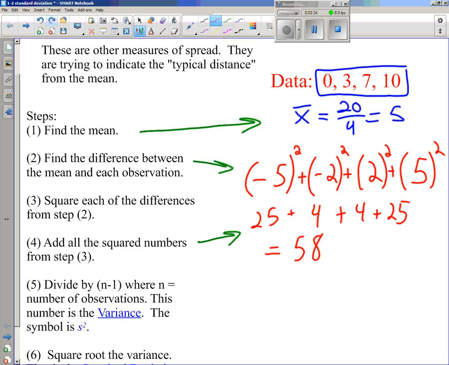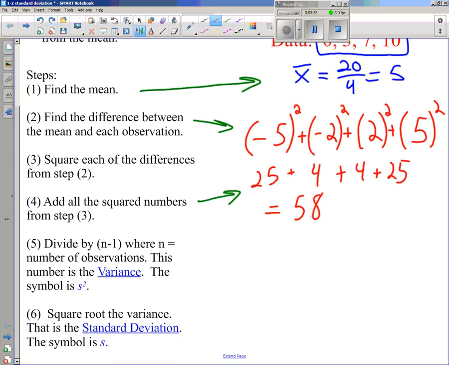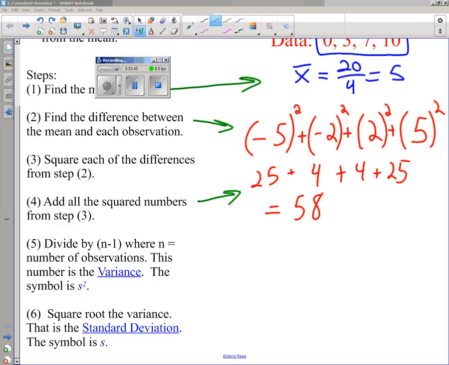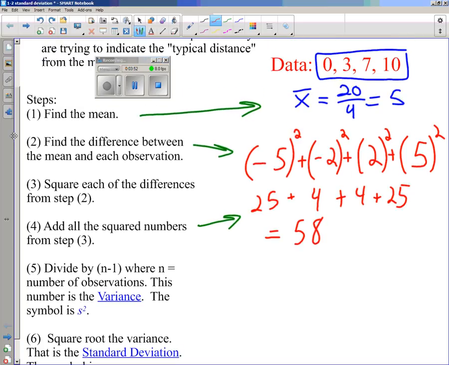Then you divide by n minus 1, where n is the number of observations. It's actually a little complicated. We'll talk about it later, much later. Why n minus 1 instead of n? Why are you going to divide by 3 instead of 4 here? Well, we'll get into that later in the year. But there are 4 observations. Data has 4 things in it.